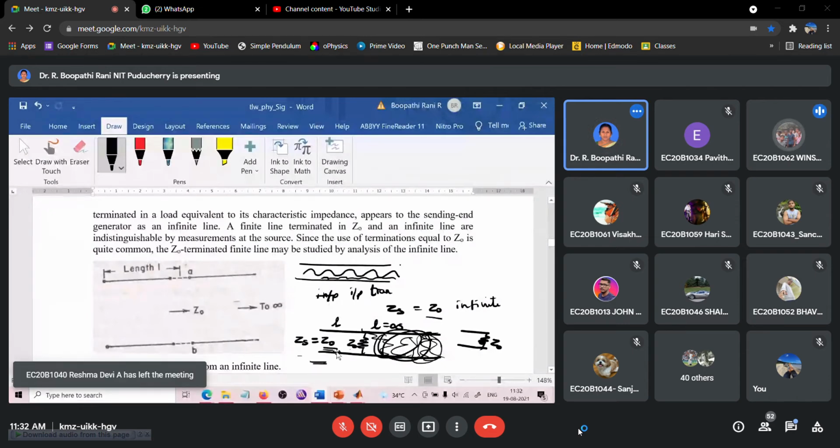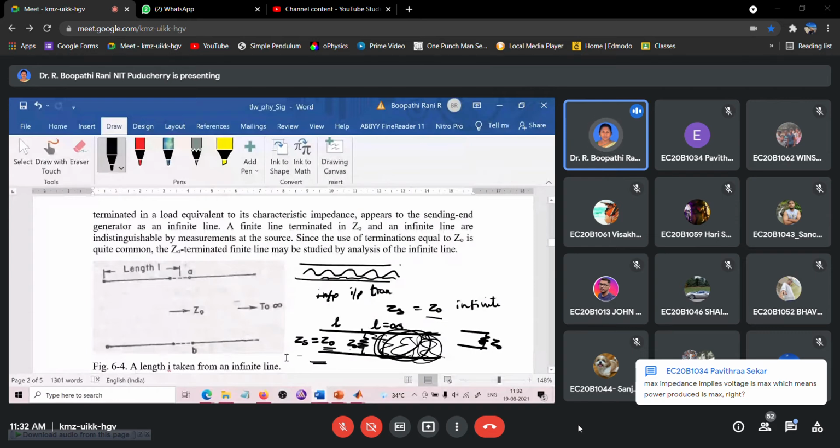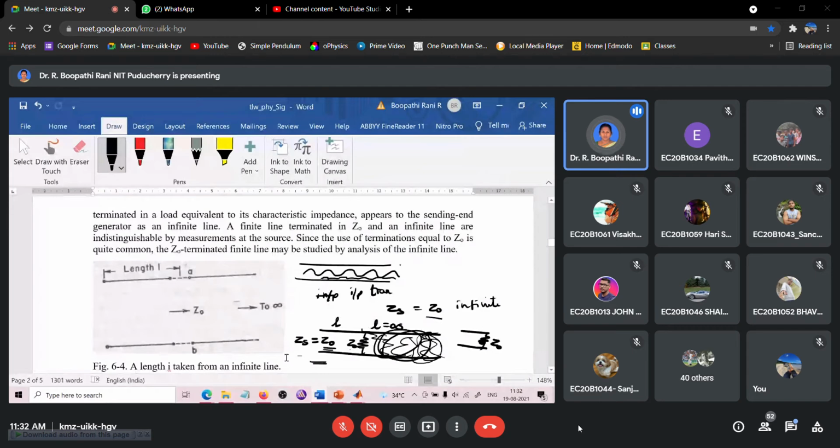For the infinite line, we are getting Zs as Z0, and for the finite line terminated with Z0, we are also getting Zs as Z0. In other classes, you will understand why Zs is equal to Z0. Right now, understand that we get Zs as Z0 for infinite length as well as for finite length terminated with Z0. Yes, ma'am.